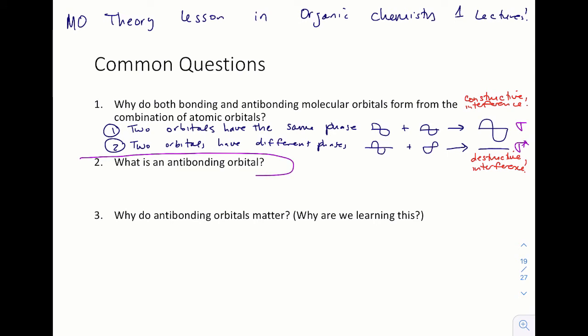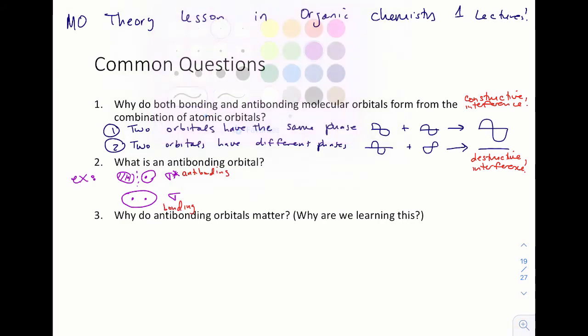Speaking of antibonding orbitals, what is an antibonding orbital anyway? We'll consider the bonding and antibonding orbitals discussed today. The easiest way to do this is to think about the effect of an electron on the nuclei. So these points are the nuclei. In the bonding orbital, the most likely place for the electron to be is between the nuclei. In the antibonding orbital, the most likely place for the electron to be is outside.